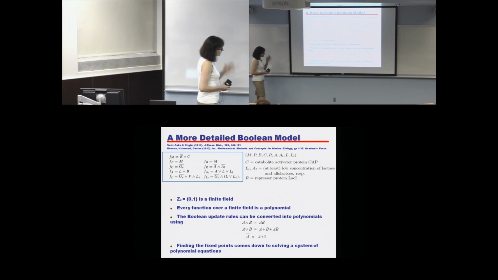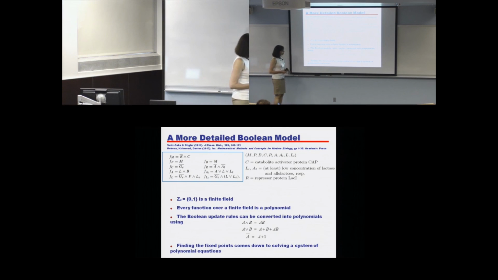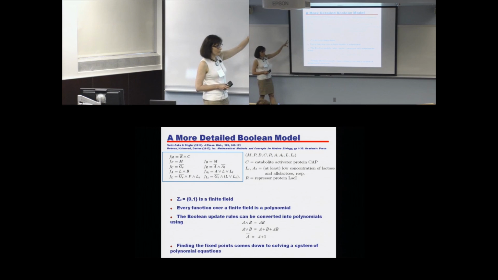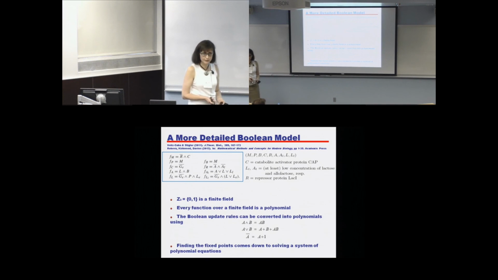The way to go about it is to translate the Boolean model into a polynomial model. The transition here is really easy because the translation into a polynomial is going to be this, just the product, or would be this. And we can show that those are logically equivalent. If you compare the truth tables, you can show that they're the same thing.